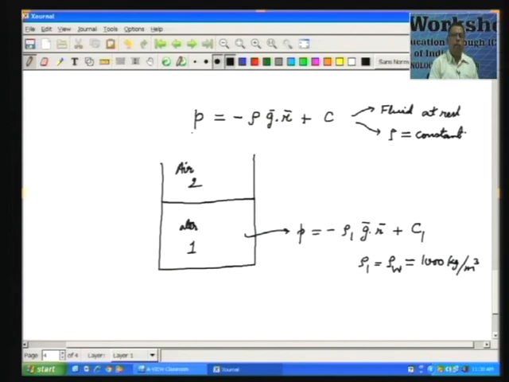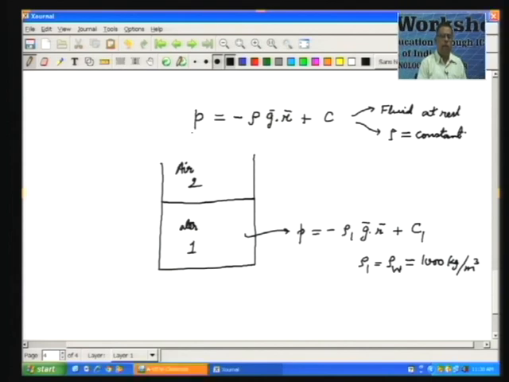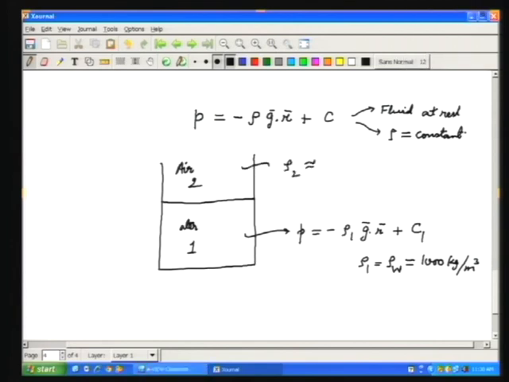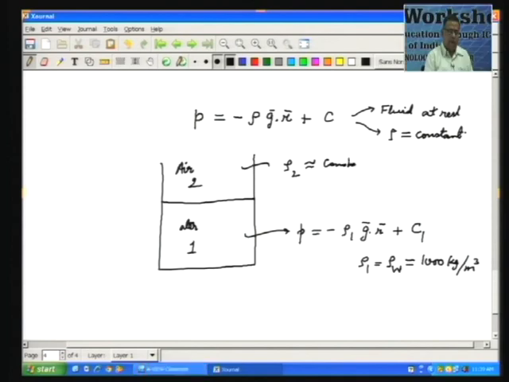Now, density of air of course, will depend on temperature and pressure, but under many circumstances it can be treated roughly as constant. So, if I say that here rho 2 is approximately constant, this will be true if the variation of density and pressure between certain points in this region is small.